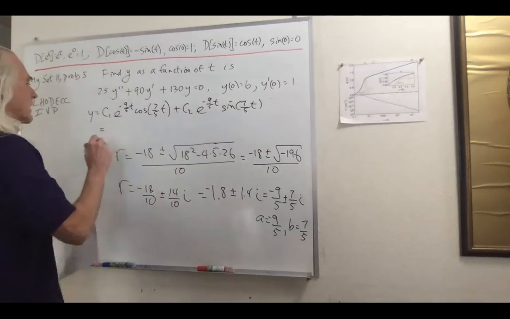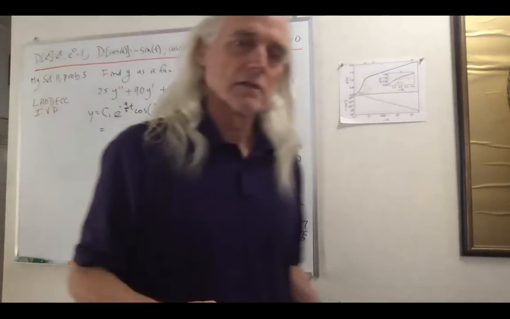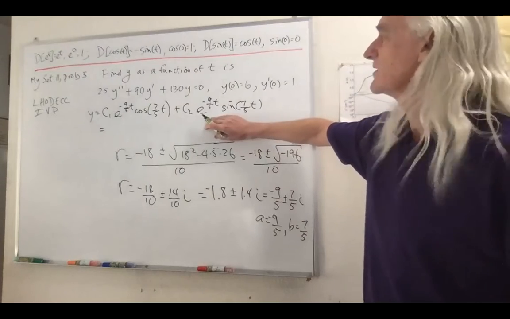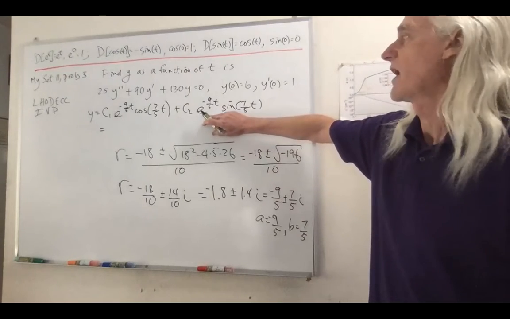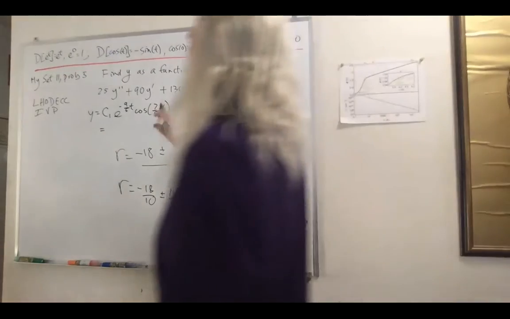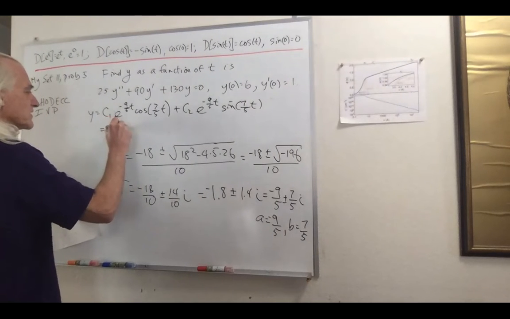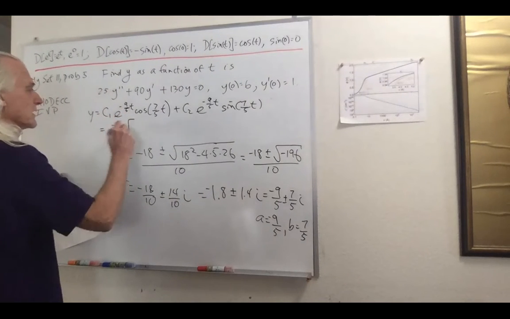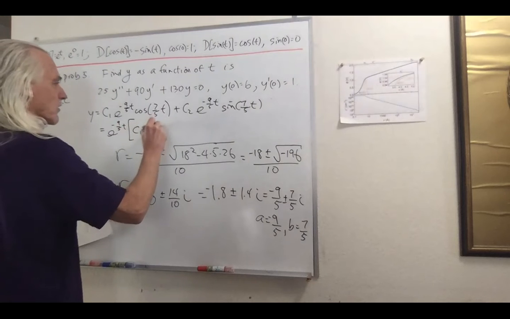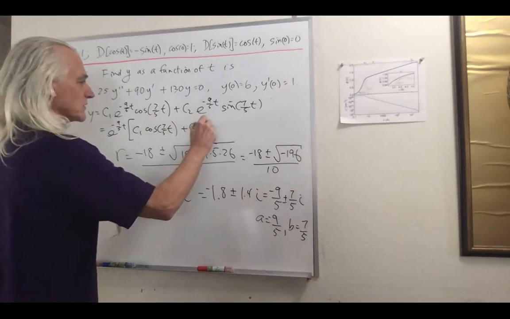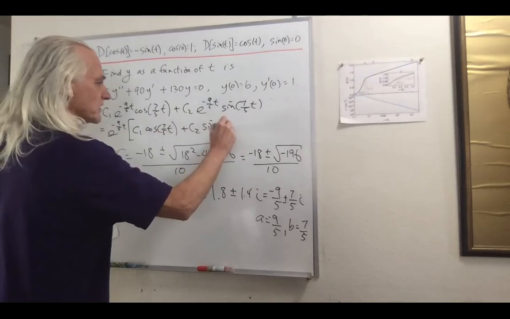All right. It's going to be easier to differentiate if I factor out the exponential factor. So I have e to the minus 9/5 t times the quantity c1 cos of 7/5 t plus c2 sine of 7/5 t.